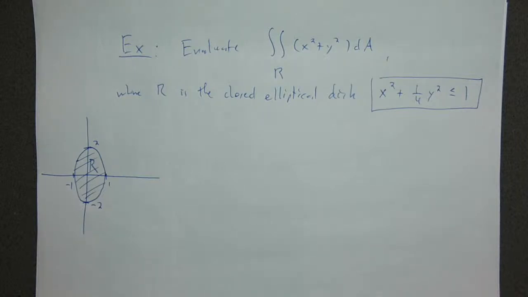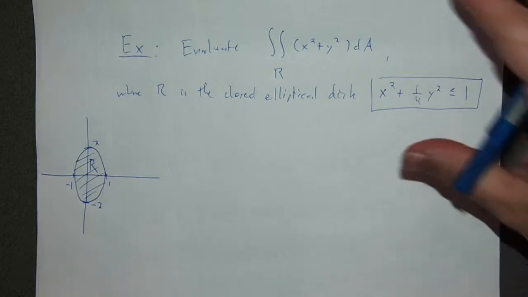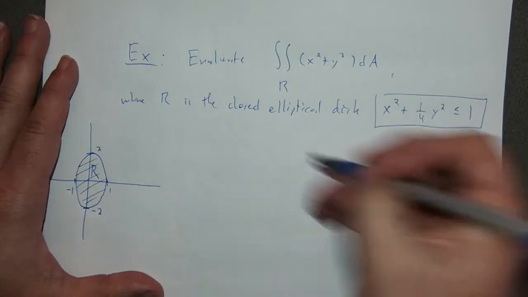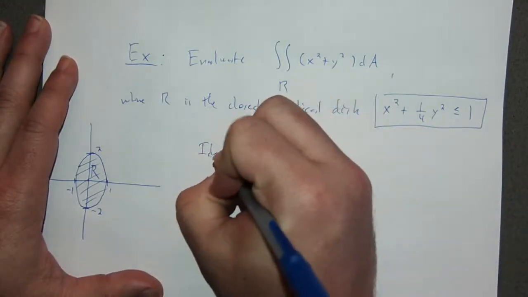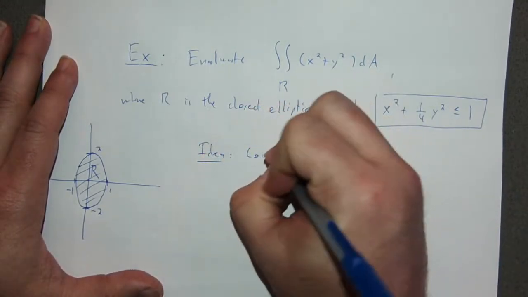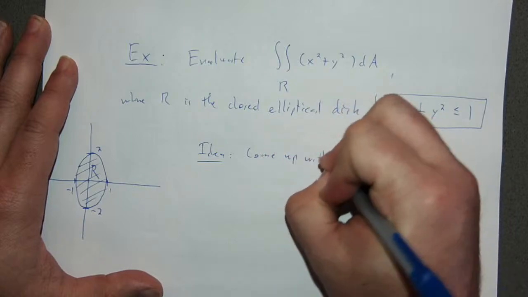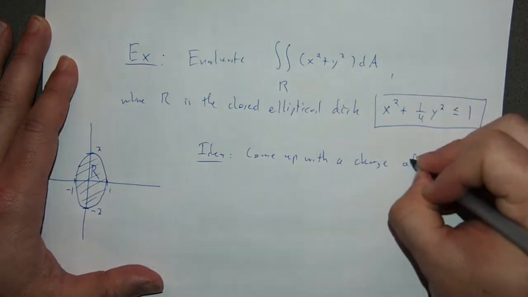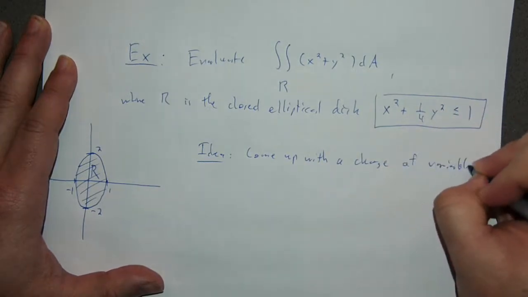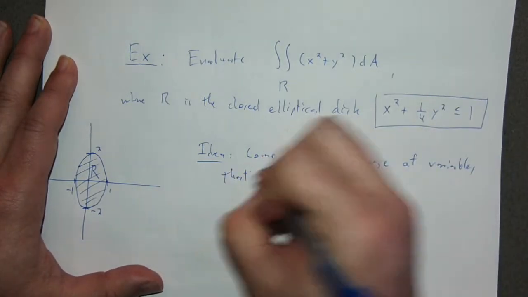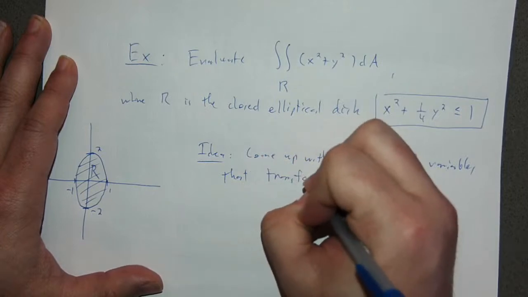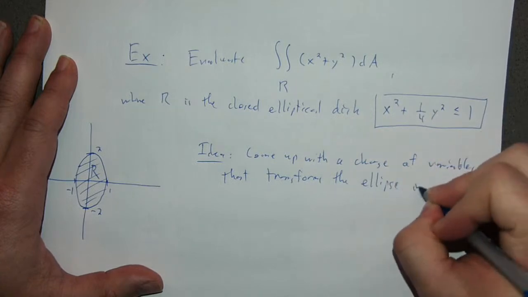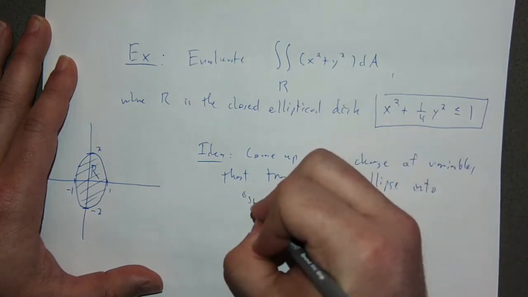Okay, so how does this go? Well, the idea: come up with a change of variables that transforms the ellipse into something better.